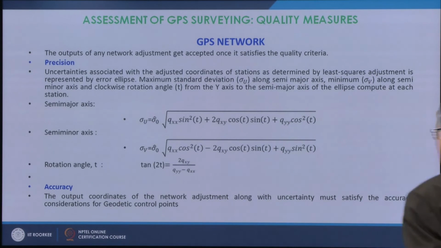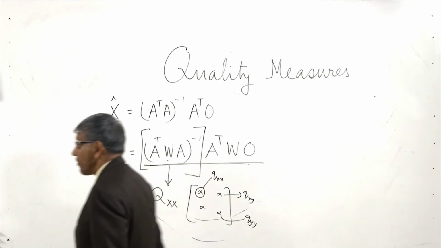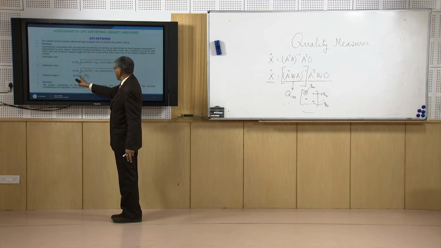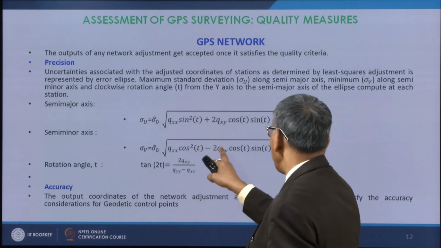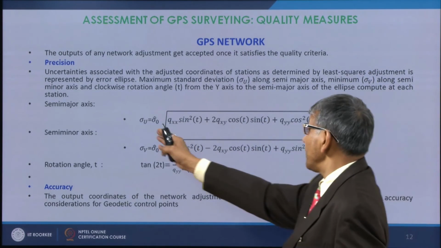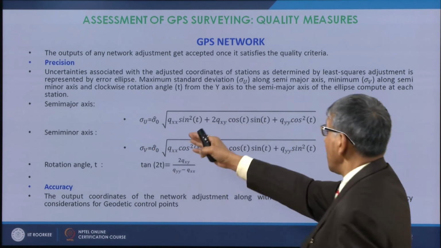These parameters we can get from this matrix, from which we can find the value of the angle T. Now we can substitute the angle T and these values from that matrix, and then we can find the maximum error along the major axis.